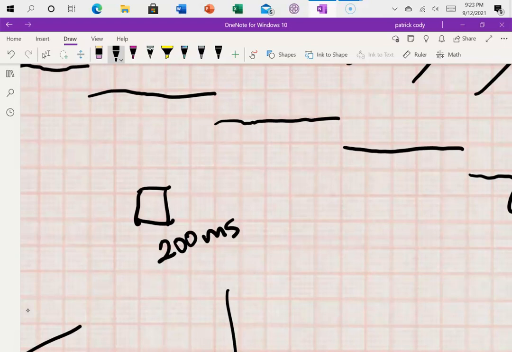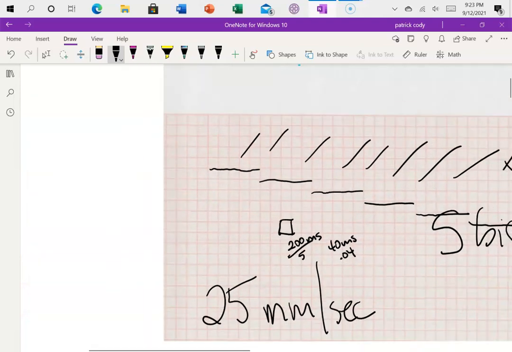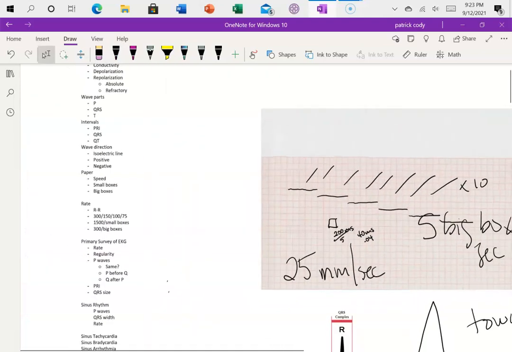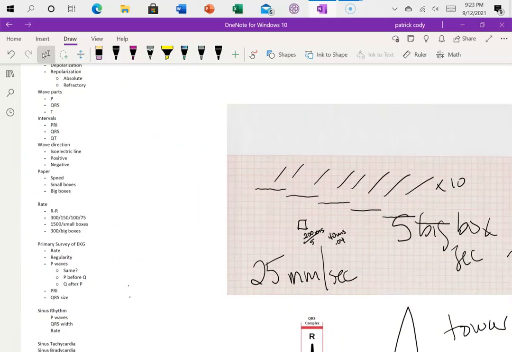So within every big box, then we have 5 additional little boxes. So 200 milliseconds divided by 5 equals 40 milliseconds, or 0.04 second. Okay, so we can use that to our advantage later when we're measuring QRS complexes. We're measuring intervals of any kind, quite frankly.